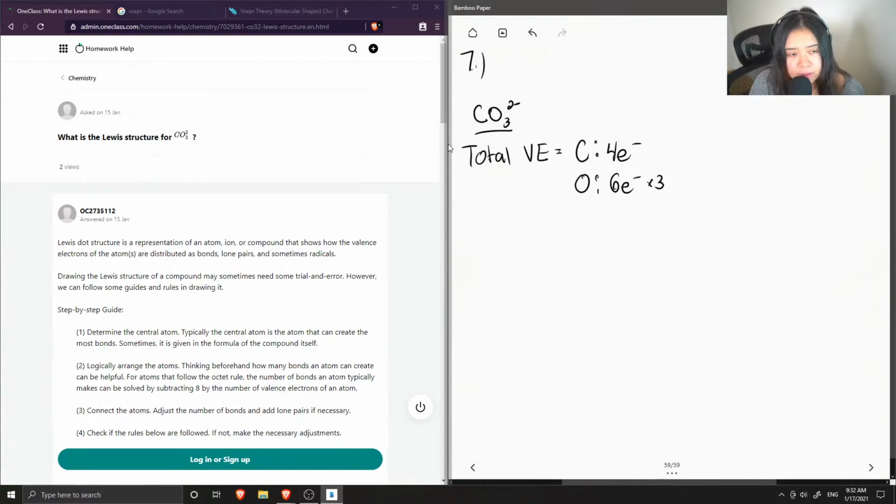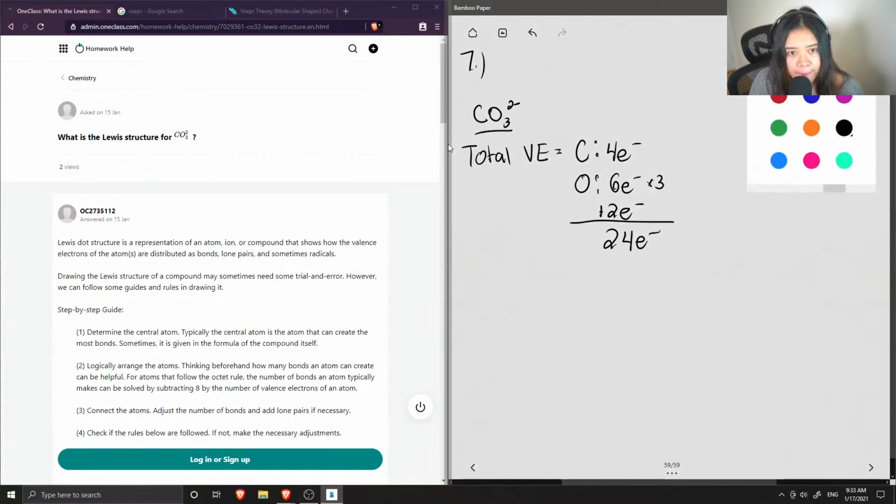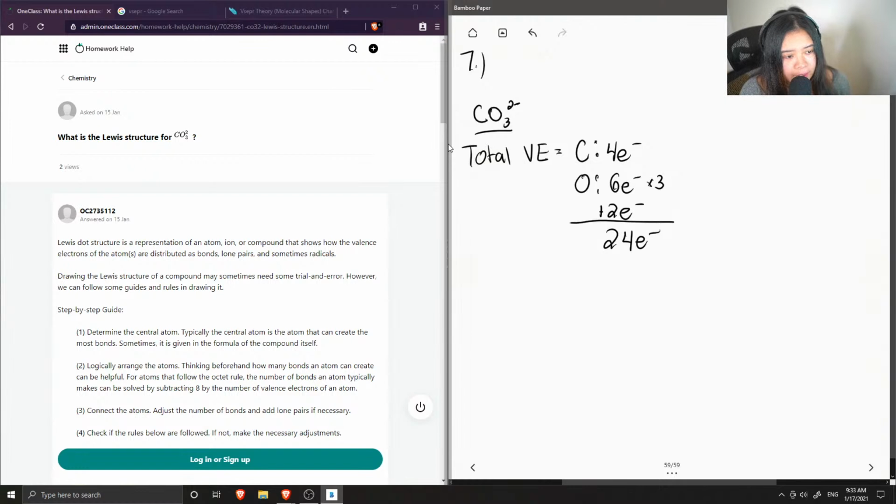And also the overall charge of this ion is -2, so we're going to add an additional 2 electrons to our count. And you should end up with a total of 24 valence electrons. So now let's draw carbon as our central atom.